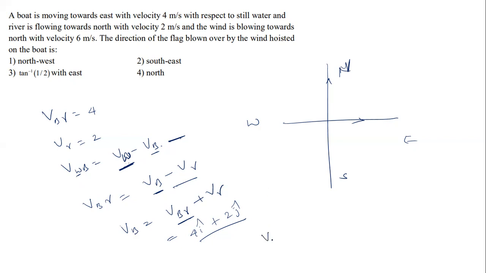What is the velocity of wind? 6 j cap. It is also moving north. Minus what we have, 4 i cap minus 2 j cap. Then this is minus 4 i cap plus 4 j cap. Right? So equal in magnitude.